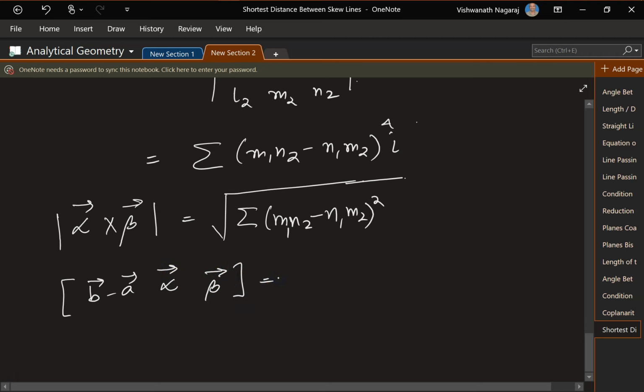And [alpha, beta, b minus a] is equal to the determinant with rows x2 minus x1, y2 minus y1, z2 minus z1; L1, M1, N1; L2, M2, N2.